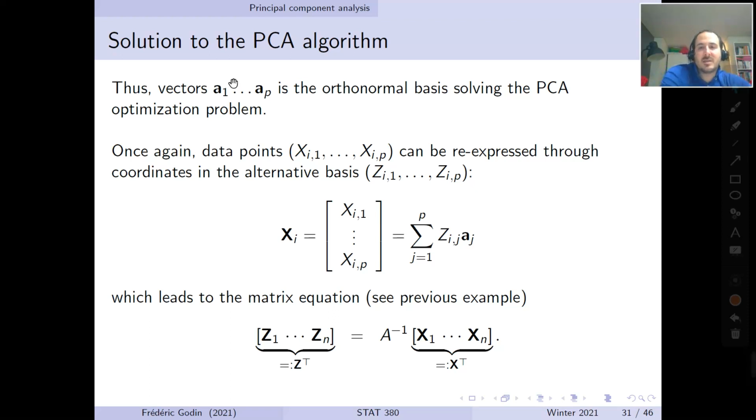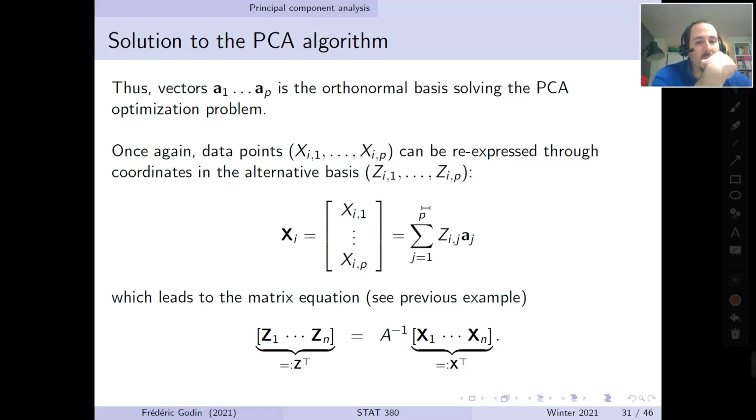Okay, so here, as we said, the eigenvectors A1 until AP are an orthonormal basis solving the PCA problem. And here we want to express each of the data points. So here xi1 until xip is basically all predictors for observation i, in terms of their coordinates with respect to the new basis.